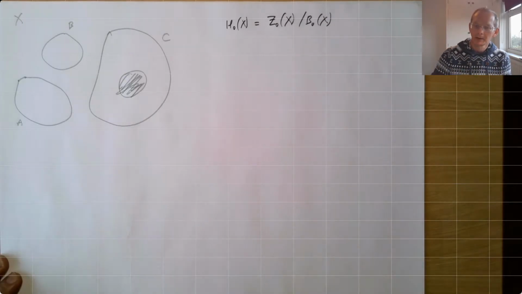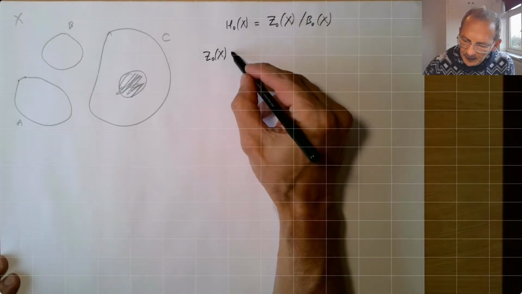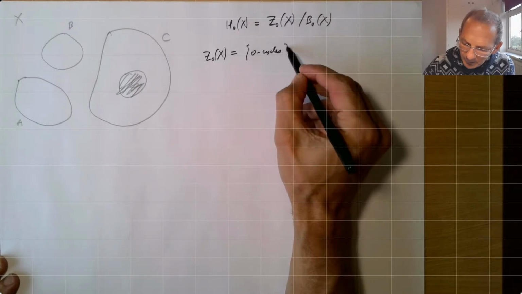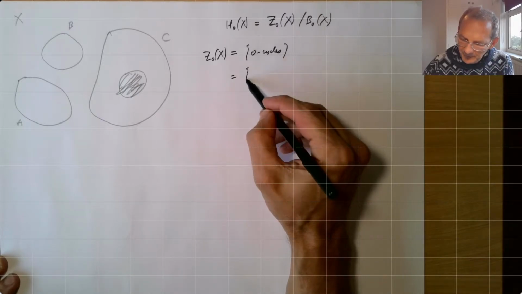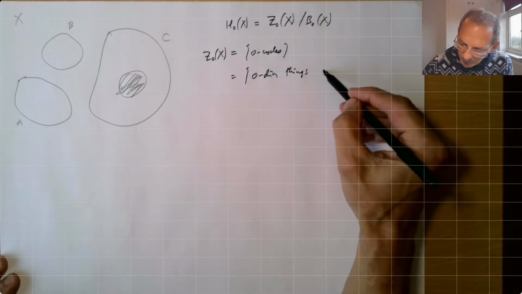Quotient group like that. Z0X is the set of zero cycles. So that's a set of zero-dimensional things with no boundary.